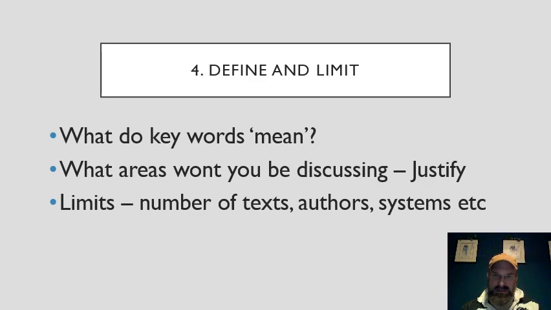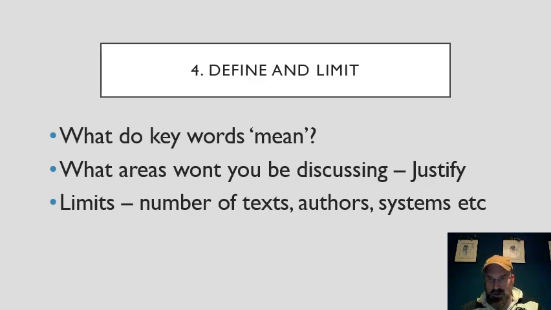Don't just put in all sorts of random limitations that you wouldn't be expected to discuss anyway, because people think, well, yeah, obviously you're not going to discuss this and that and so forth. So make sure they're valid limitations. Make sure there's a reason why you're putting them forward.